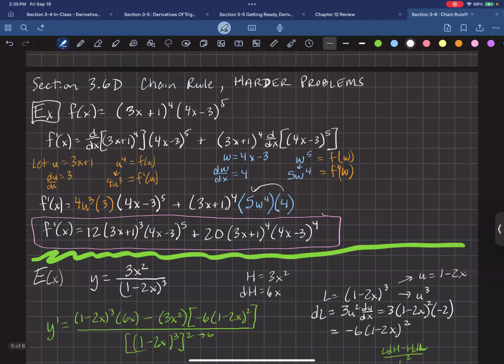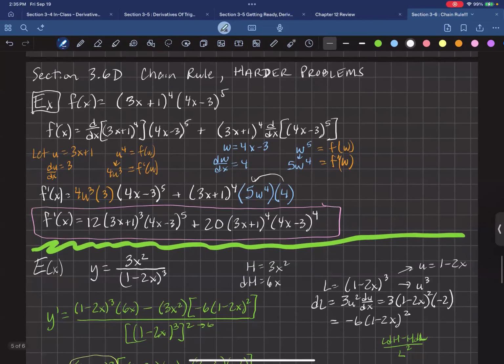So we have low d high minus high d low over low squared. High is 3x squared, so the derivative of high is 6x. This is a quotient rule. Then low is (1 - 2x) cubed. This is going to require a chain rule to find the derivative of the low. So I said 1 - 2x equals u.